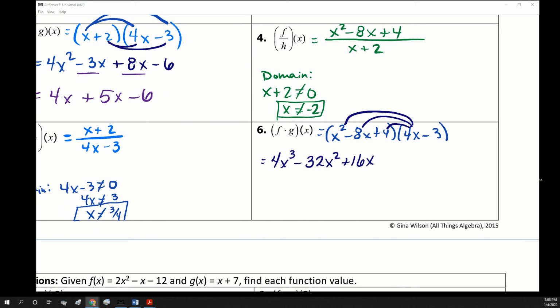Okay, then we'll distribute the minus 3. So negative 3 times x squared is negative 3x squared. Okay, negative 3 times negative 8x is plus 24x. And then negative 3 times 4 is minus 12.